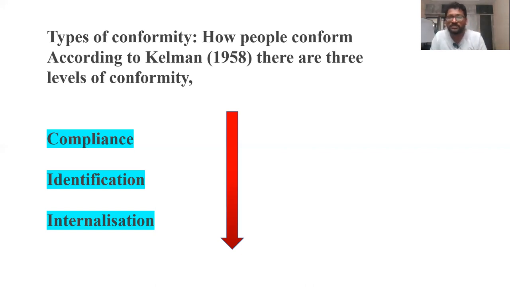Examples of identification are joining a yoga club, a metal club, or a support group, where you still have your own opinions and can revert back to join any other groups.